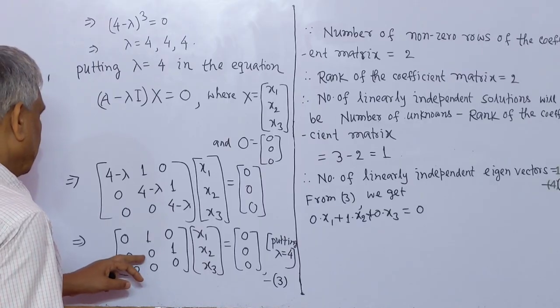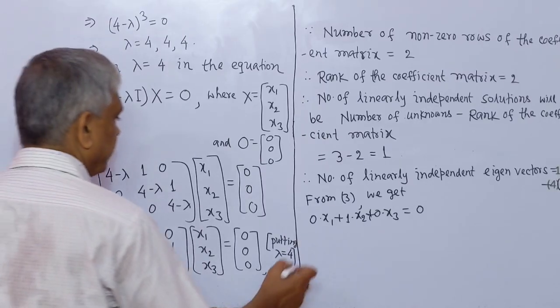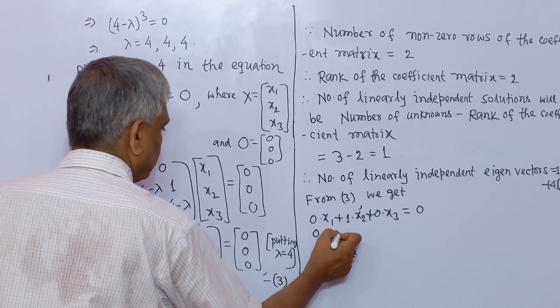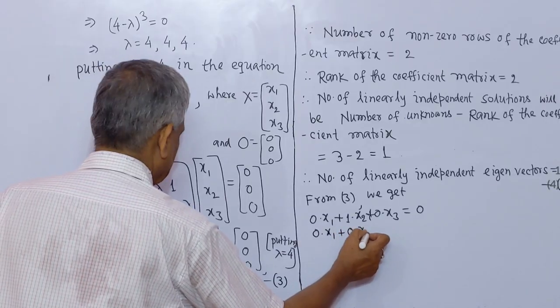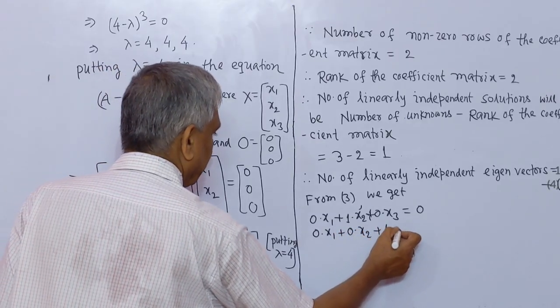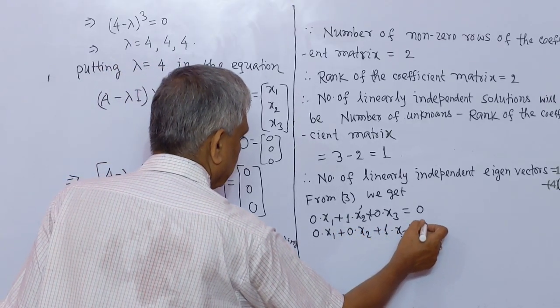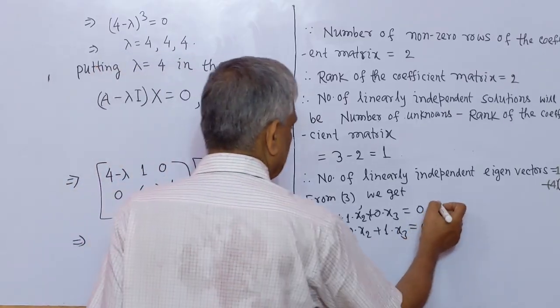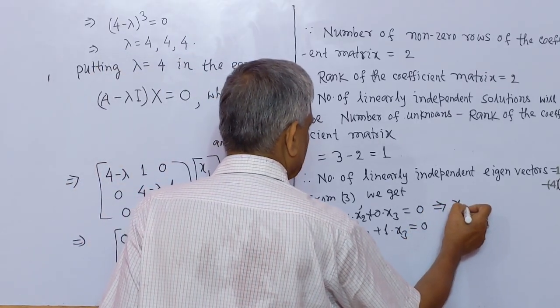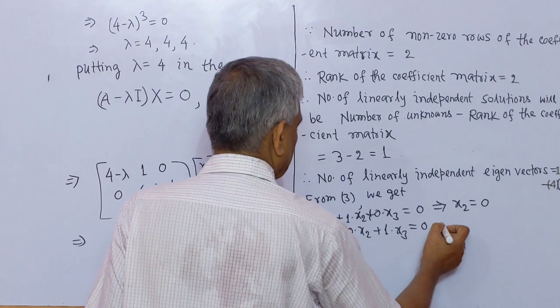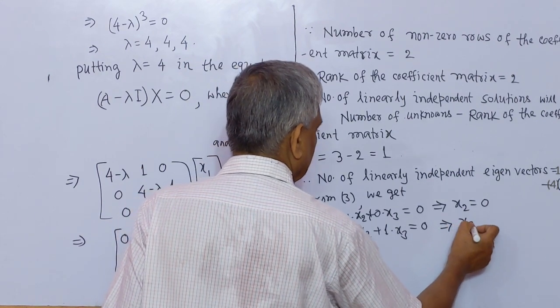Now multiplying second row, first column, 0 times x1 plus 0 times x2 plus 1 times x3 equals 0. This implies x2 equals 0, and this implies x3 equals 0.